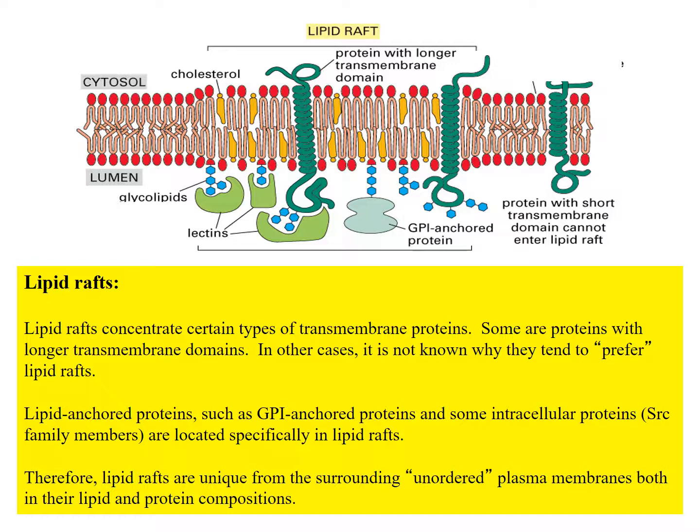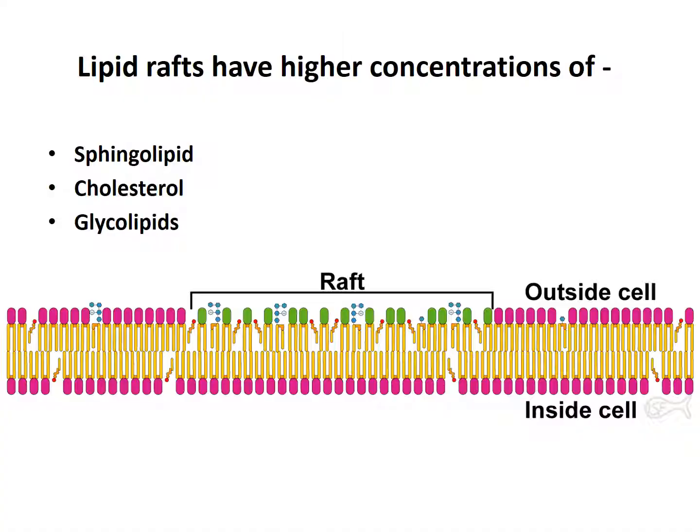And so there's specialized structures and activities associated with them, and they're going to be very unique from the more traditional, what you've thought of as the lipid bilayer, which is probably like in this region, just phospholipids sitting there, very much not a lot of interaction, where there is a lot of interaction in a lipid raft. So they have a lot of sphingolipids, cholesterol, and glycolipids. And the raft can be on one side or the other or both.